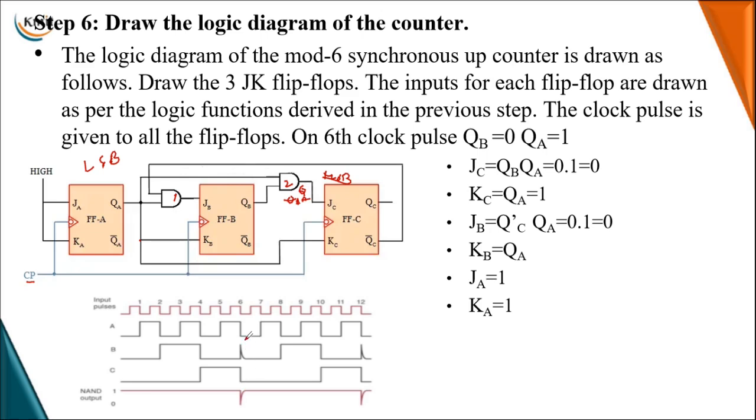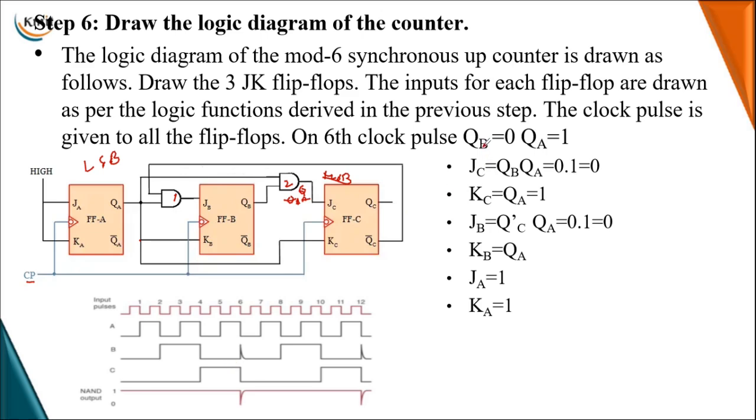Now if it comes to the 1 1 0 state, let me find what the JB value and the KB value will be on the sixth clock pulse. QA's previous state is logic 1. Before the sixth clock pulse, the QB value is 0, and the QC value is logic 1.